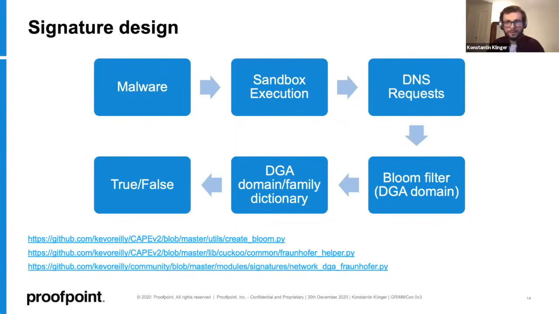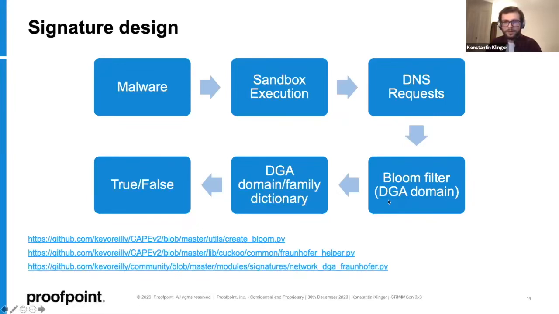If they run successfully, some of them are not doing any DNS requests, but we will check all DNS requests from every sandbox run against the Bloom filter in this step. And the Bloom filter contains the active DGA domains from today, tomorrow, and yesterday. This first lookup is really quick because it's in the nature of the Bloom filter, and we will only proceed to the next step if we have hits.